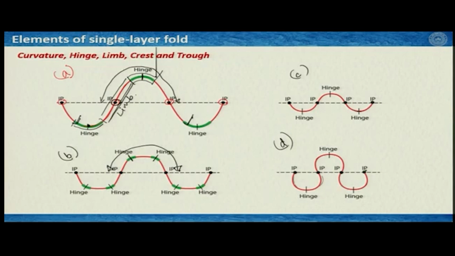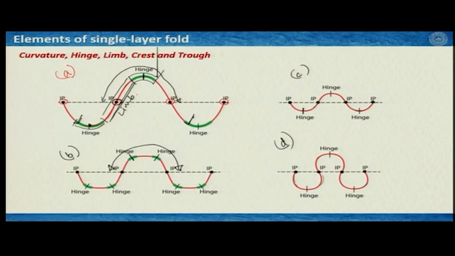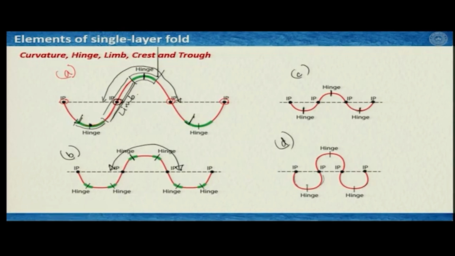The curvature is constant, but inflection points are there because they separate senses of opposite curvature. So, in that case, if I have constant curvature all along the fold trains, then the hinge point is defined as the middle point between 2 successive inflection points. So, this is the hinge point here, here and here. Similarly, in illustration D, these 3 are the hinge points that you can consider.